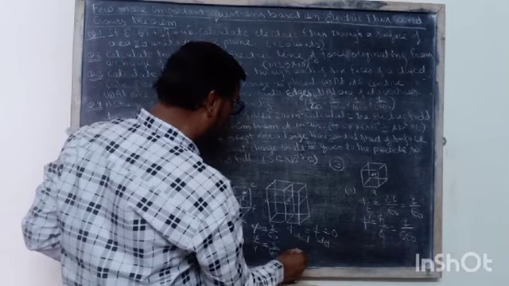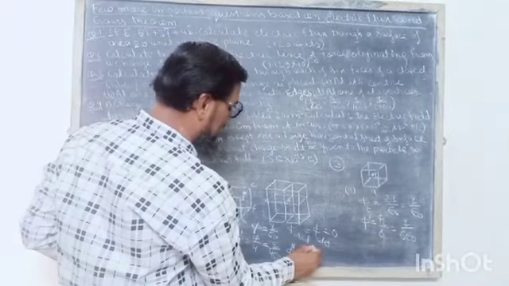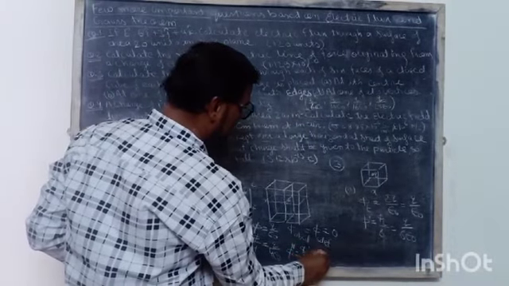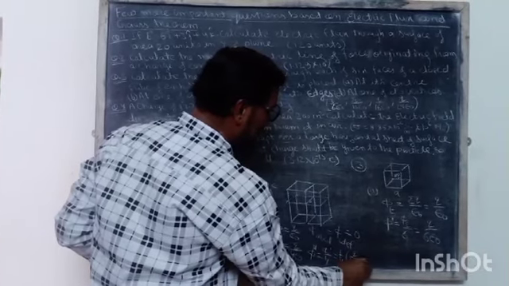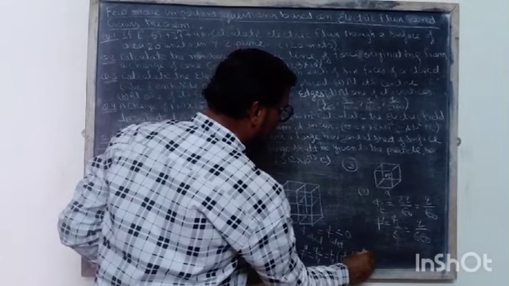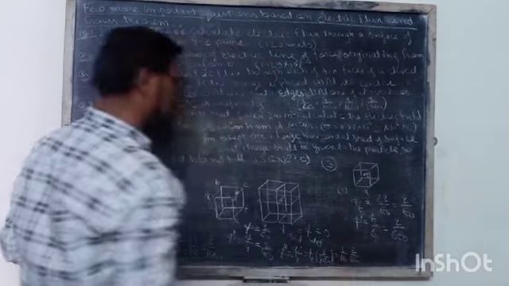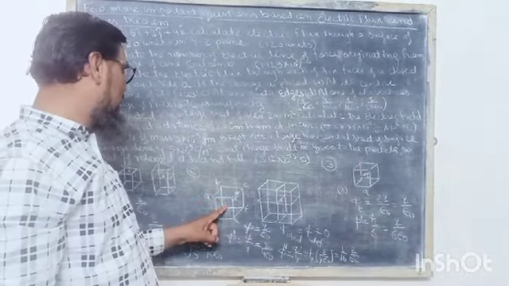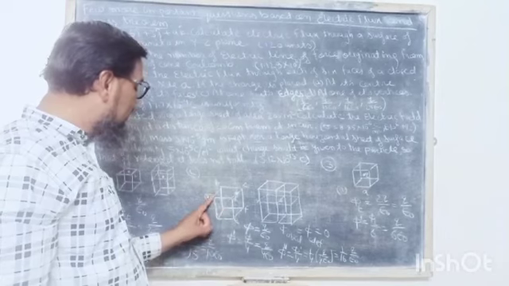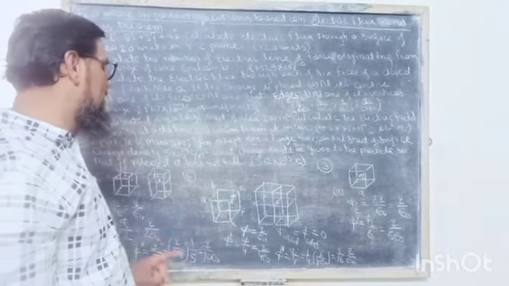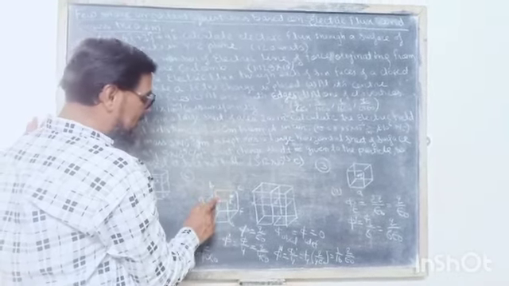So the value for each remaining face of the cube, phi double dash, will be equal to phi dash by 4, means 1 by 4 into q upon 4 epsilon naught, means 1 upon 16 q upon epsilon naught will be the electric flux linked with this surface and this surface, which are not touched by the charge.